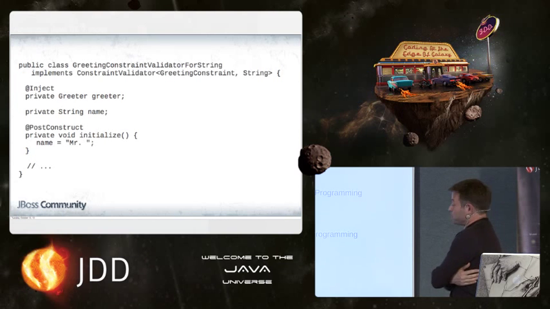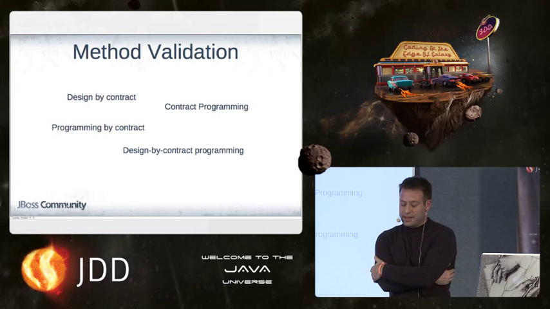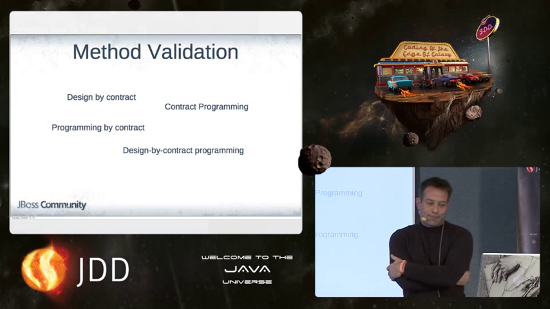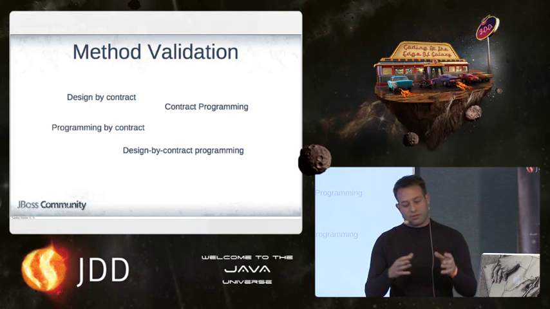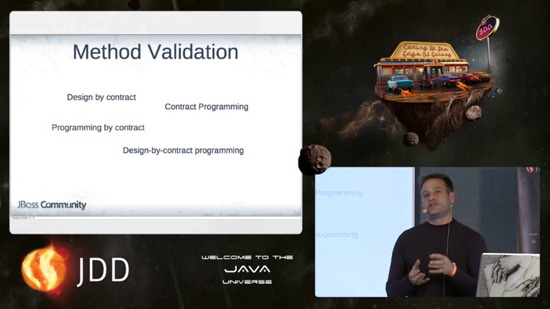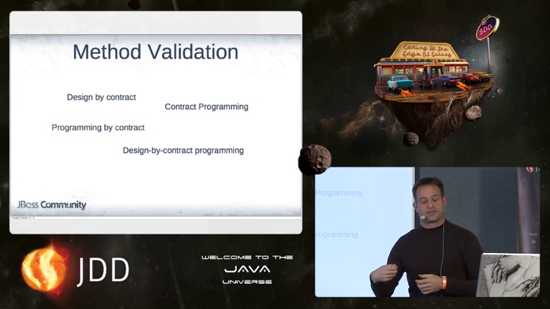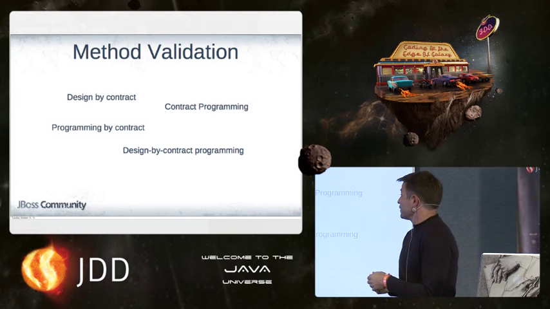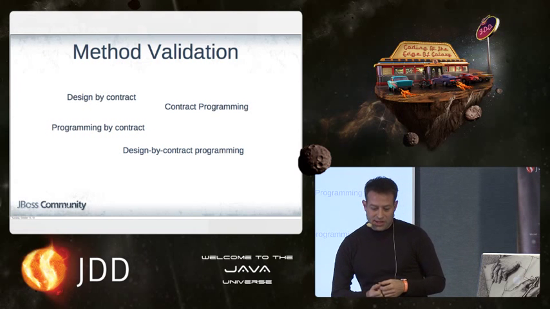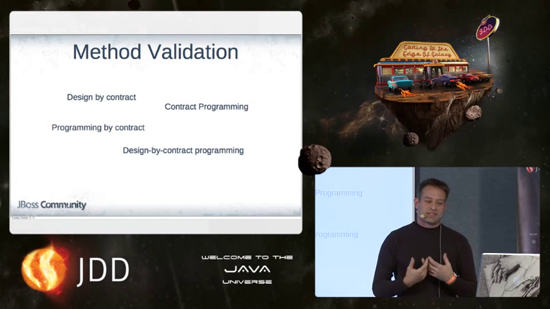And now we come to the biggest new thing in Bean Validation, which is method validation. So all we did so far was putting these constraints on the properties of a class, of a type, either on the fields themselves or on the getters. And what we did now in Bean Validation 1.1 is we added method validation.